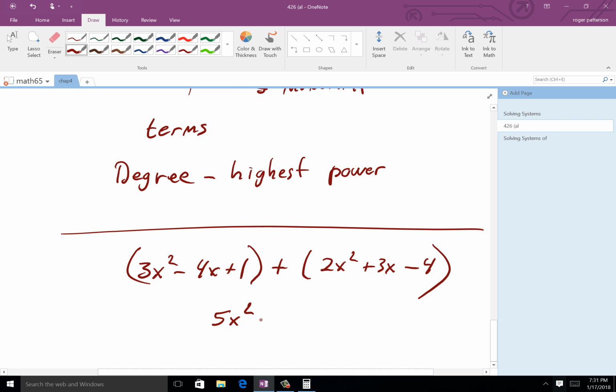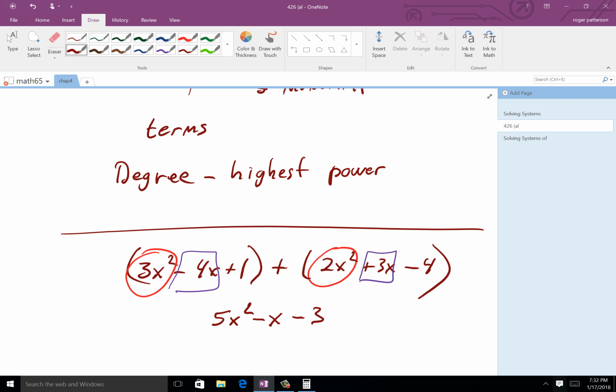We're not going to add up the powers because that's not how this works. We have a negative 4x here plus a 3x. Add those two things up. That gives us a negative x there. And we have a plus 1 and a minus 4. So that's a negative 3. What I like to do sometimes is just kind of do something like this with the like terms, so that you can see it.